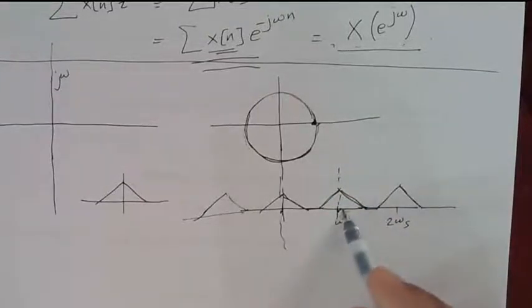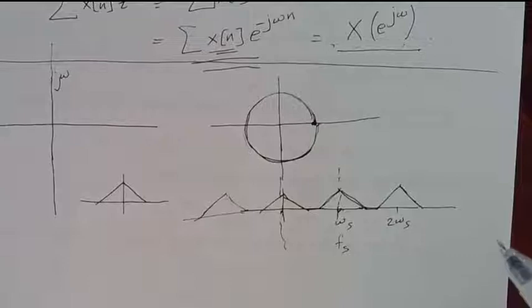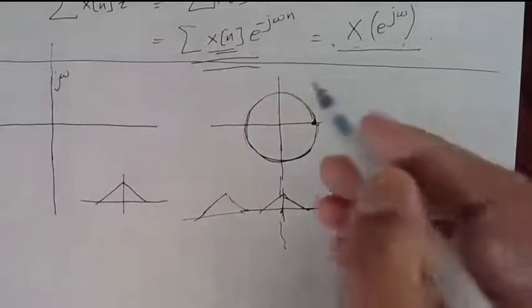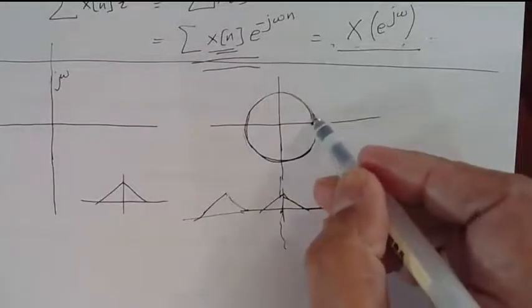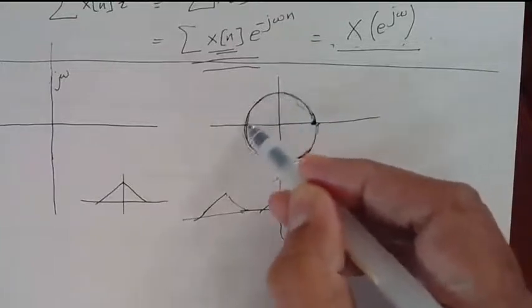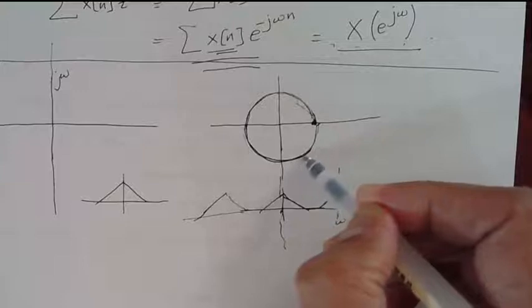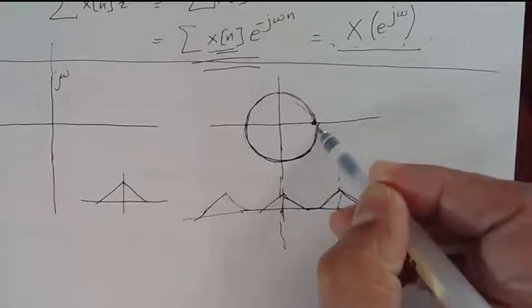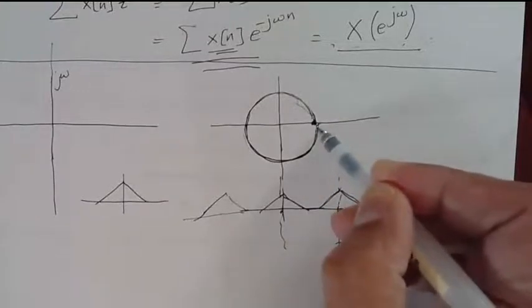If we were thinking in terms of hertz, say I have a signal like your voice signal, and I'm sampling it at 8,000 samples per second. Here's the DC value, and by the time I come back here, this is 8,000 samples per second, or 8 kilohertz.